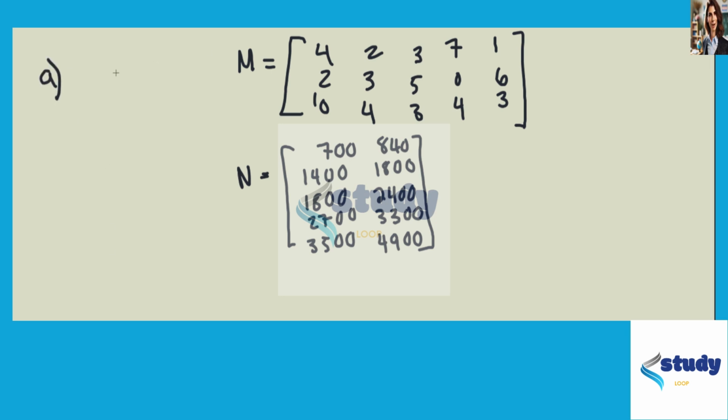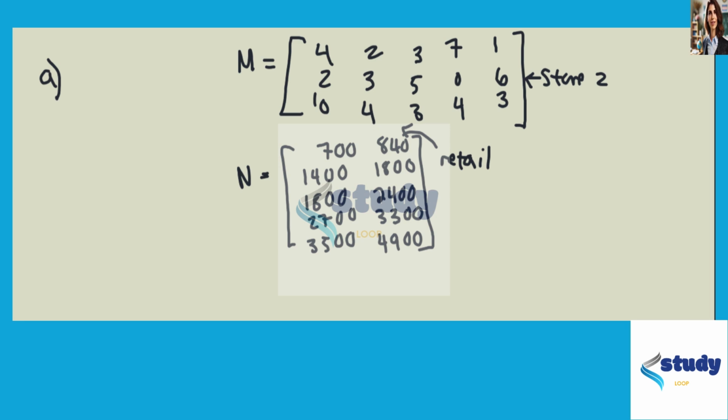So at store 2, this row, we're going to multiply the row with the retail column, the second column.